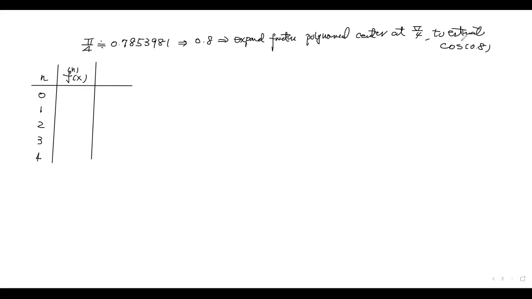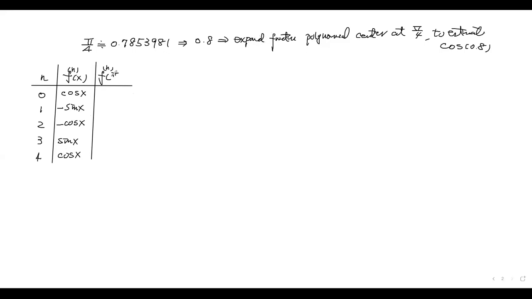Can I do that? Of course. Let's see how accurate it is. The first one is cosine x, the next is negative sine x, then negative cosine x, then positive sine x, then cosine x again.